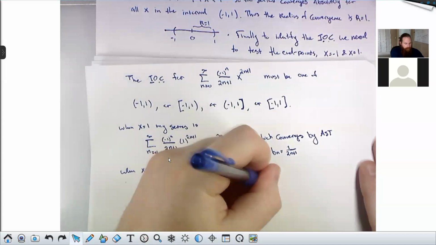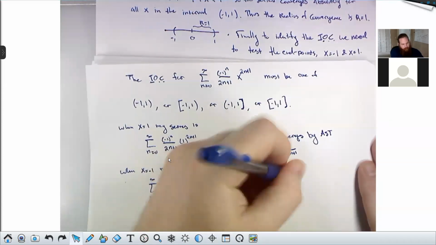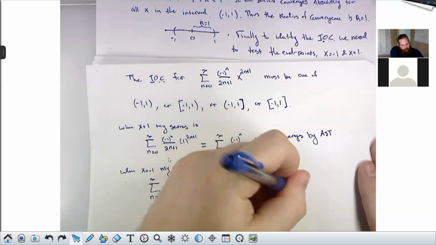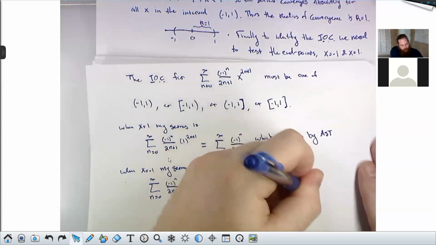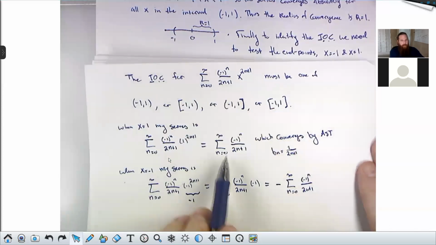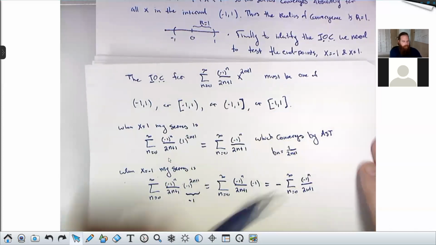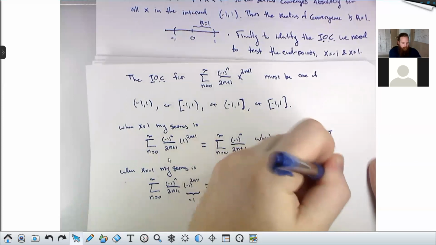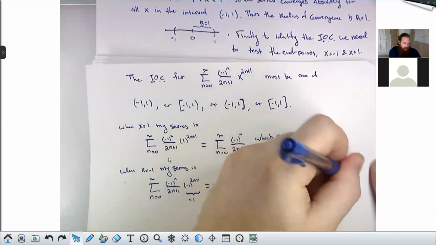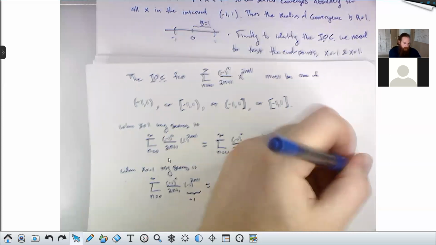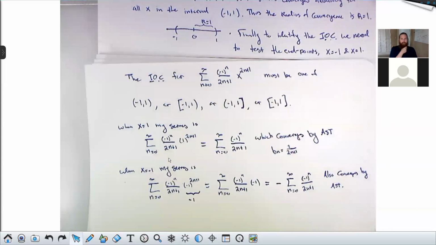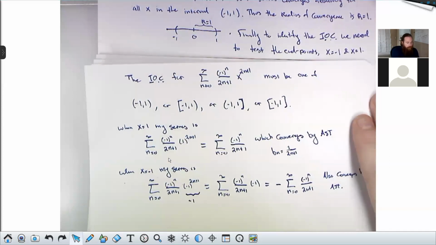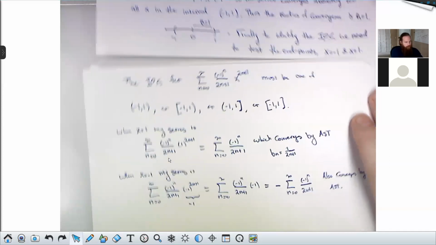So this is the same as negative the sum from n from 0 to infinity of (-1)^n over 2n plus 1. It's the same series, just with a negative out front. So this also converges, by AST. So -1 and 1 are both included.